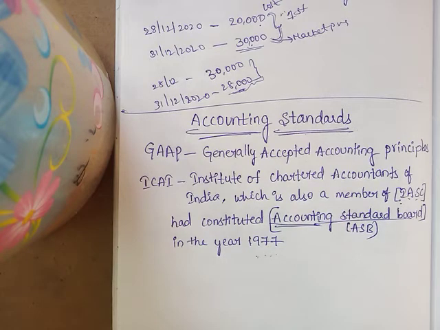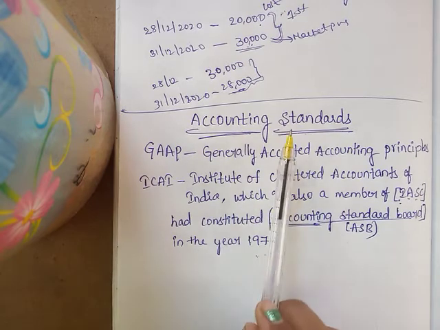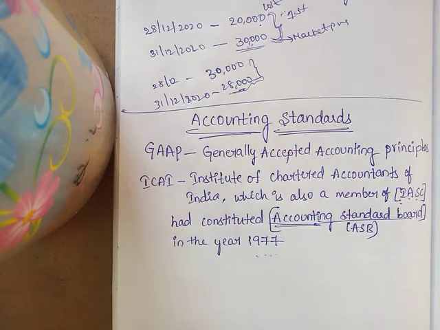Accounting standards are written statements consisting of rules and guidelines issued by accounting institutions. For what purpose do we follow these rules and guidelines? For the preparation of financial statements.